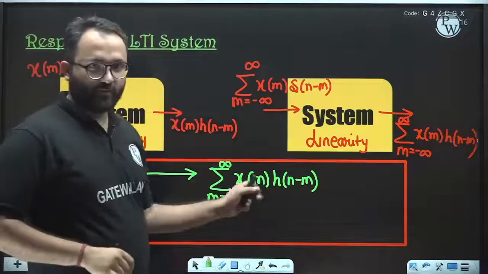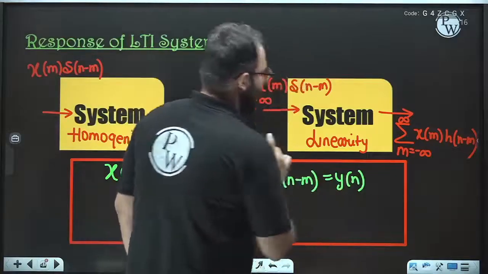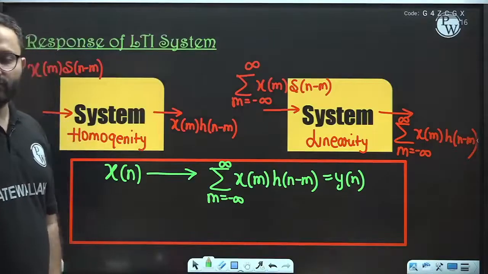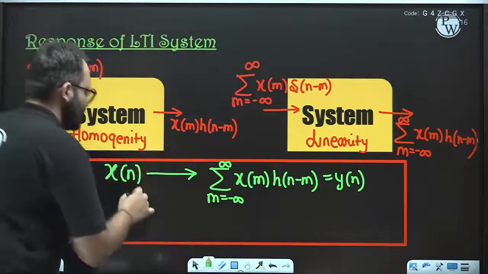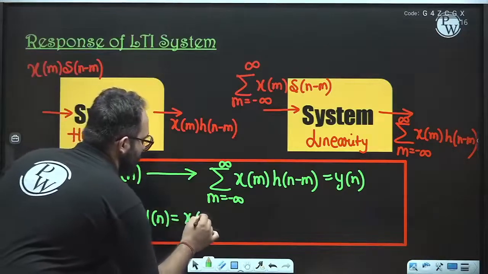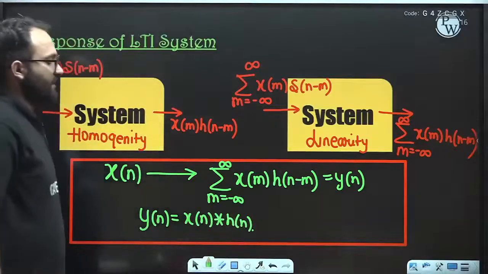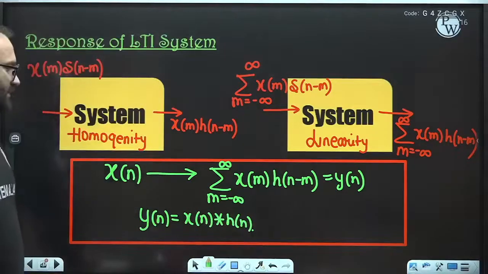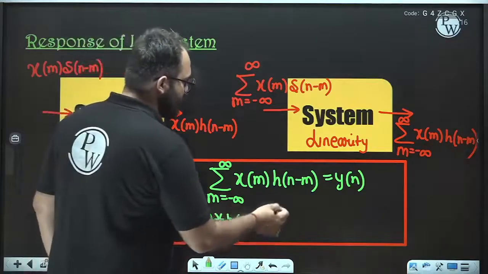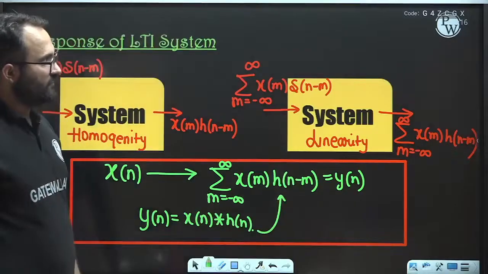This is your response, that is equal to y[n]. And this expression is called convolution in the discrete domain. Thus you can say that y[n] is equal to x[n] convolve h[n]. And this is the expression of convolution.